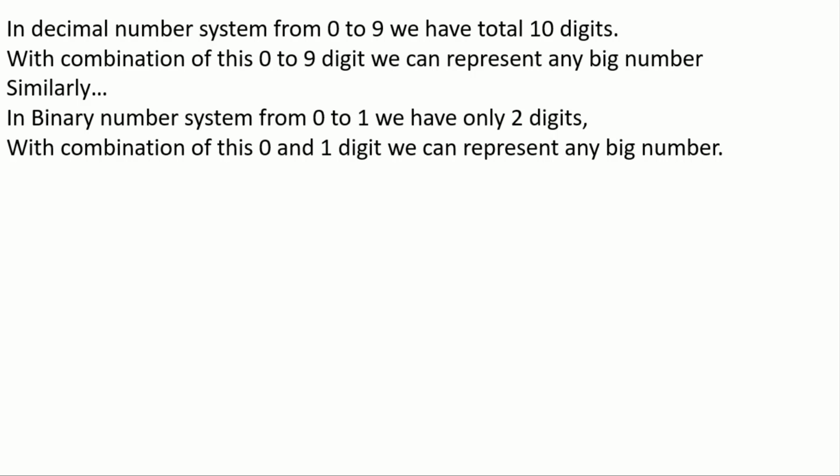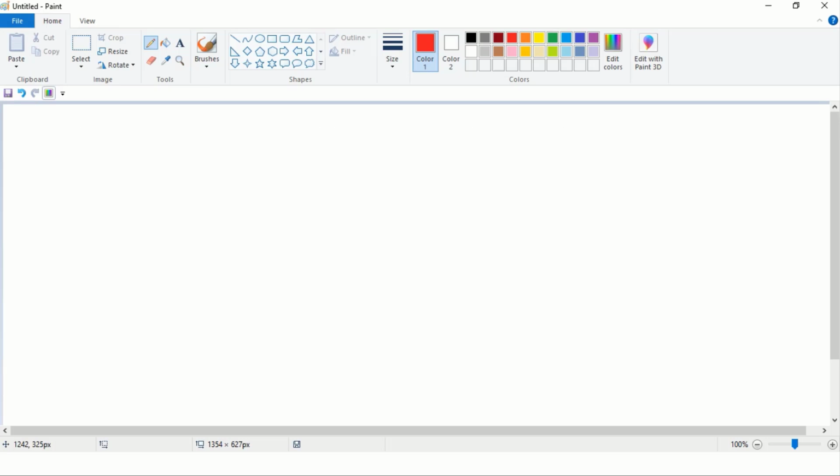With combination of these zeros and 1 digits, we can represent any big number. Let me help you with pictorial representation. Let's talk about decimal number system first.